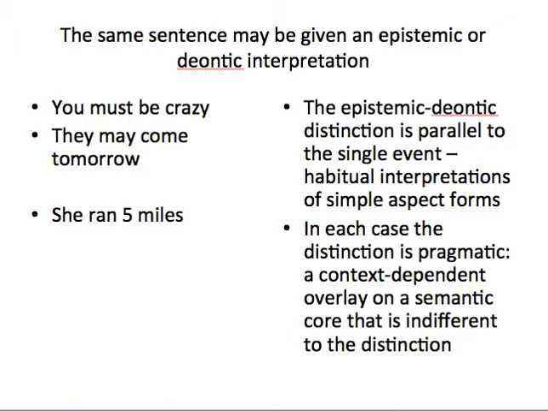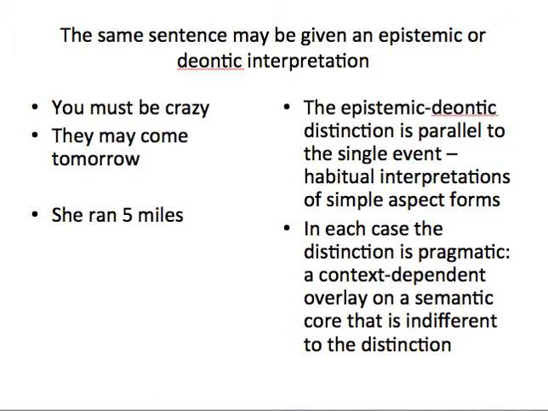Notice that this ambiguity is kind of similar to the ambiguity in she ran 5 miles, which can have a discrete meaning, a one-event thing, or it can have a habitual meaning, she ran 5 miles every day. Okay, that was her habit. So the epistemic-deontic distinction is parallel to the single-event and habitual interpretations of simple aspect forms.